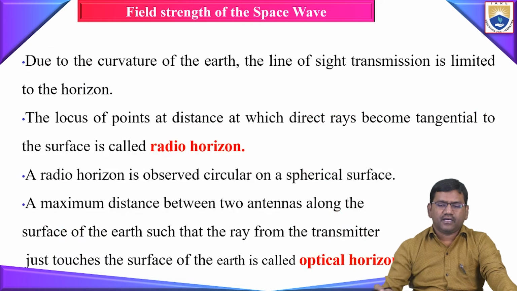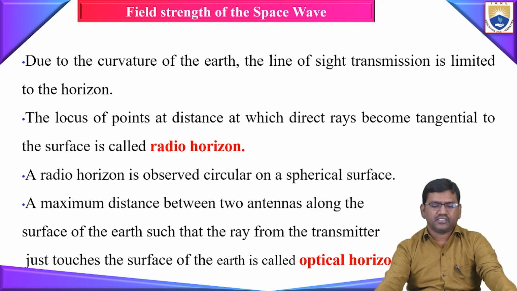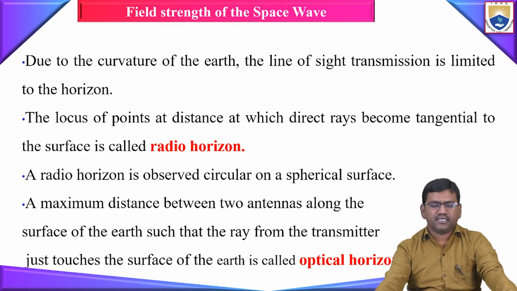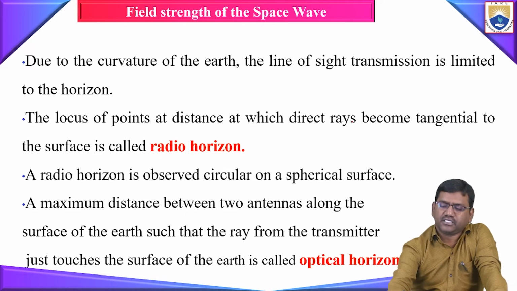Due to the curvature of the Earth, the line of sight transmission is limited to the horizon. The locus of points at a distance at which direct rays become tangential to the surface is known as the radio horizon. As we have seen here, there is a curved surface.